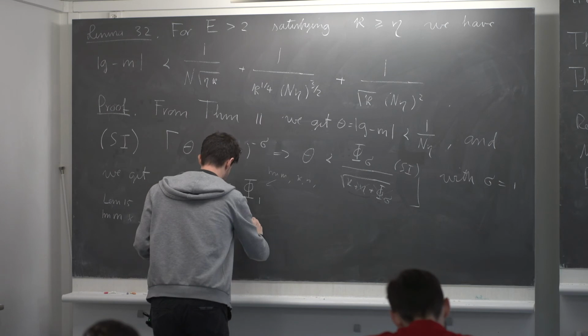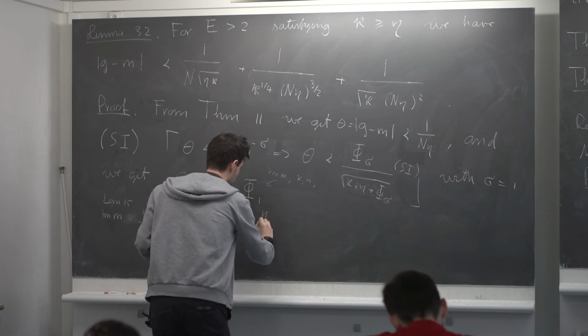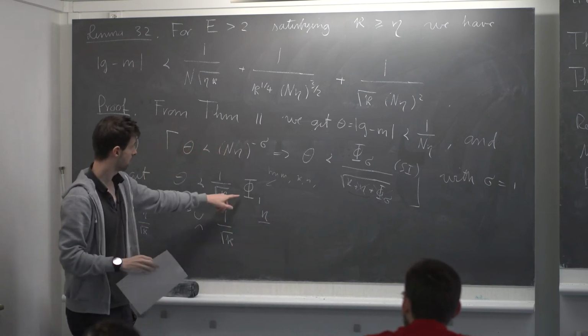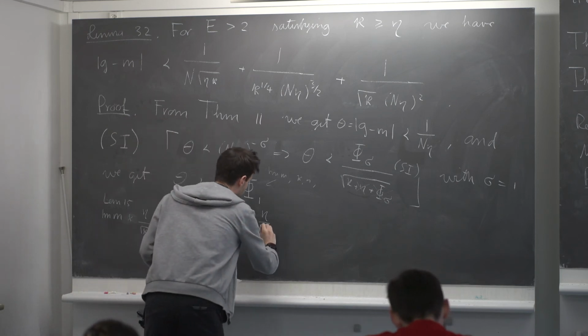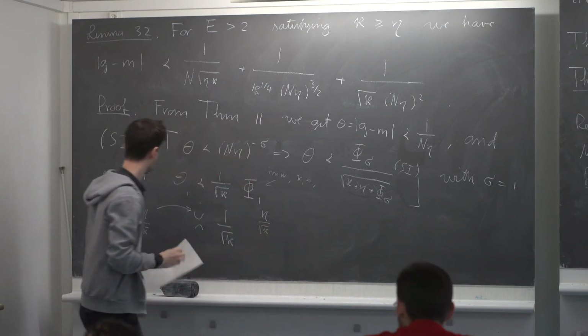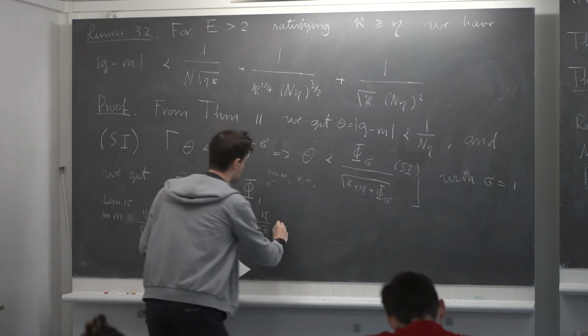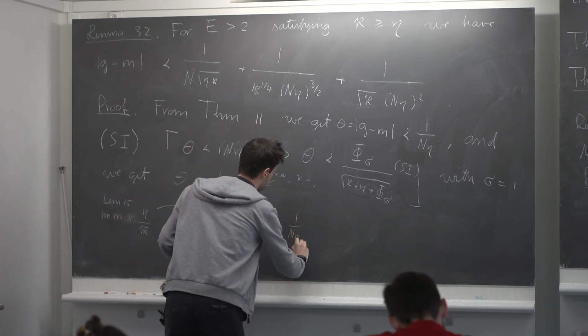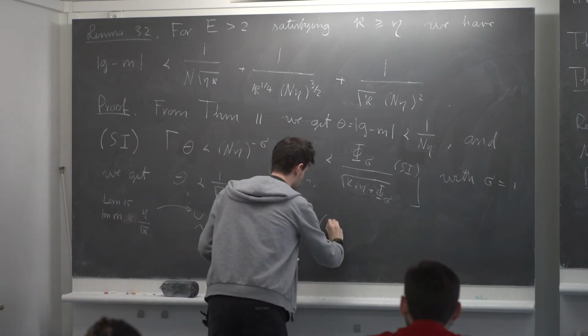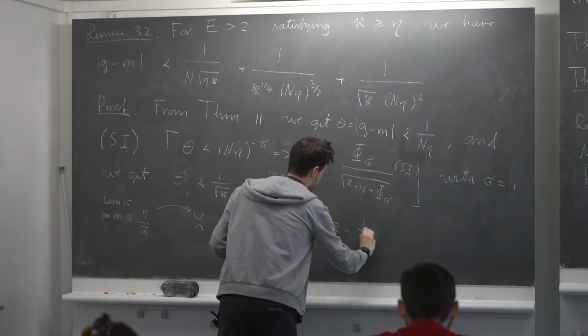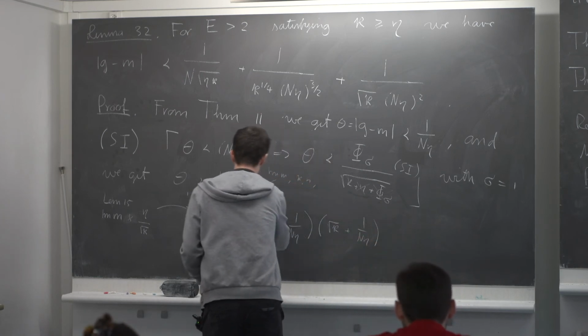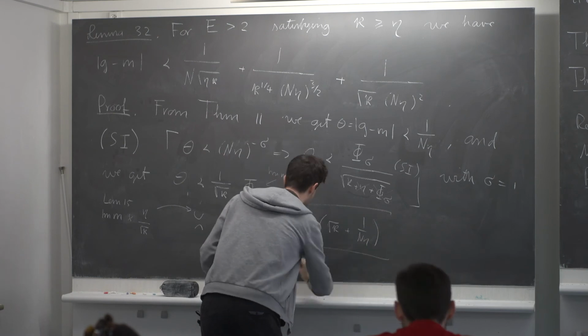I'm basically just copying. In the definition of this phi sigma, you had the imaginary part of m, which I now replace with this quantity, and then I had 1 over n eta. This was multiplied by square root of kappa, and then I have 1 over n eta. I have the square root of the whole thing, and I divided it by n eta.